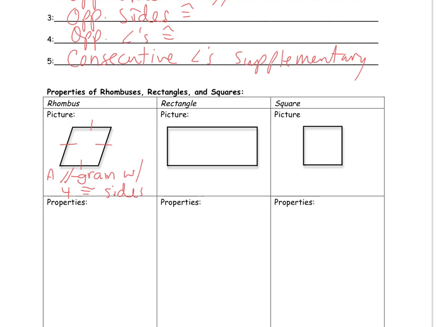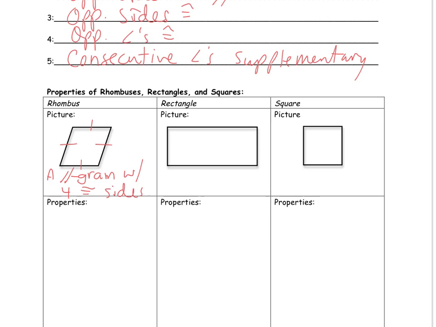So in a rhombus, opposite sides are congruent, opposite sides are parallel, opposite angles are congruent, supplementary angles for the consecutive angles, diagonals bisect each other. All those properties apply to a rhombus. The additional properties are, number one, that all four sides are congruent.